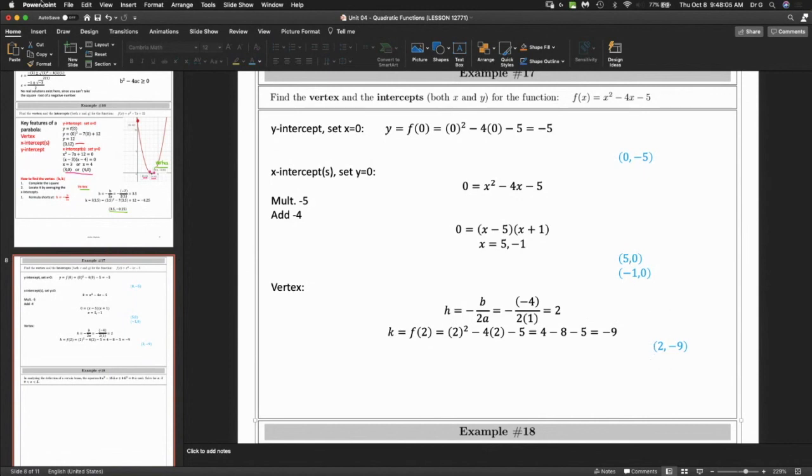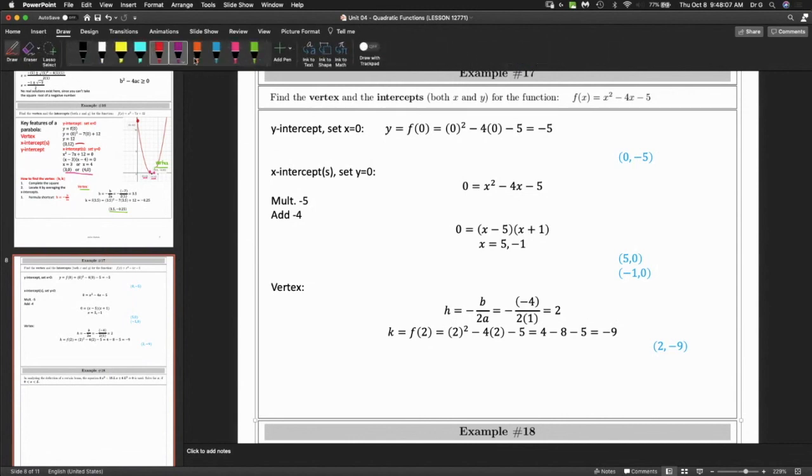I'm going to try to draw this with my stylus, and hopefully, if it's not too sluggish, I'll do it over here. If it doesn't draw well, forgive me. But (2, negative 9) is somewhere here for the vertex. The y-intercept is negative 5, so that's somewhere here. And the x-intercepts are negative 1 and 5.